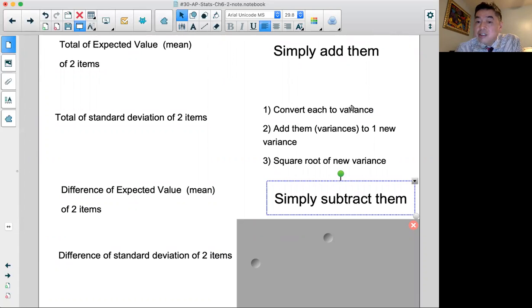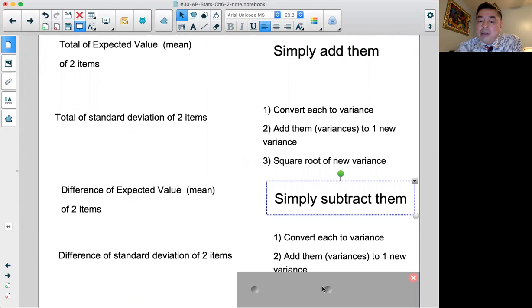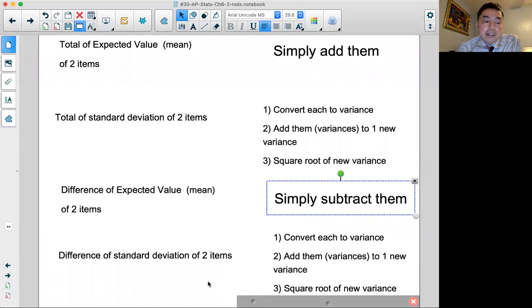Convert each to variance, and instead of subtracting, you add them. You get the new variance, then take the square root. So when they talk about the total standard deviation or the difference standard deviation, it's going to be the same. Same process.